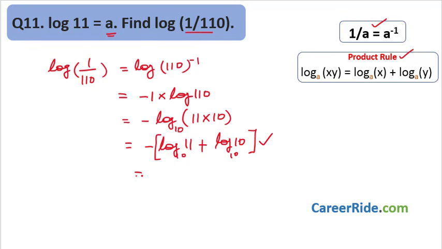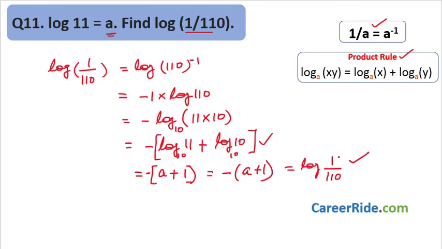So log 11 to the base 10 is given to us as a. So this becomes a, right? Minus sign here, plus log 10 to the base 10 is 1. So this ultimately comes out to be minus of a plus 1. This is the value of log 1 upon 110, right? Isn't it easy? Let's move on to the next one.